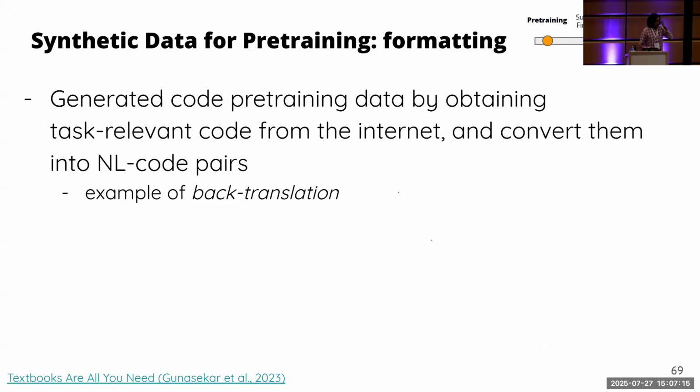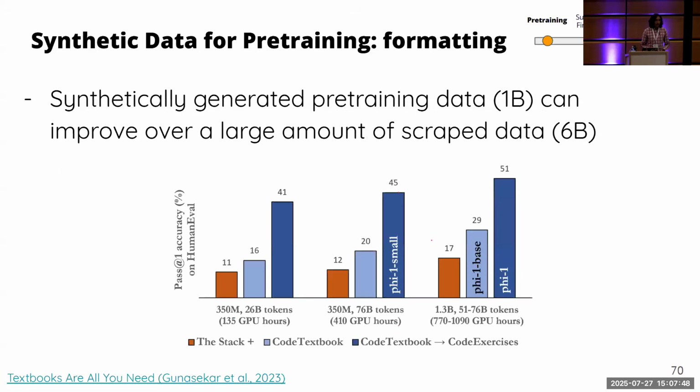So firstly, for pre-training, one idea would be to use back translation, where, as we said before, back translation lets you convert data that might have one particular property into an input-output pair. In the Phi paper from Microsoft, they generated code pre-training data, which you might even call mid-training today, that obtains task-relevant code from the internet and then converts it into natural language-code pairs.